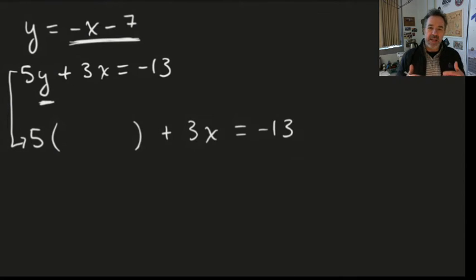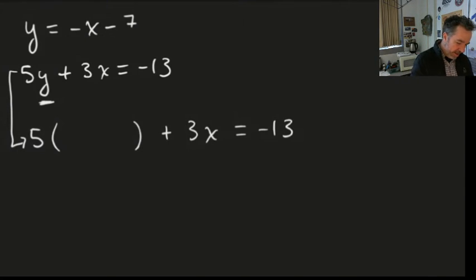And instead of writing y, I've put a place for a substitute for y, something that's going to take the place of y. It's going to serve the purpose of y instead of being y. So what we're going to use for that substitution is the expression from above, and the expression from above is the opposite of x minus 7.